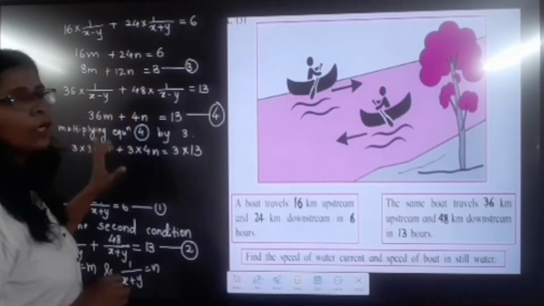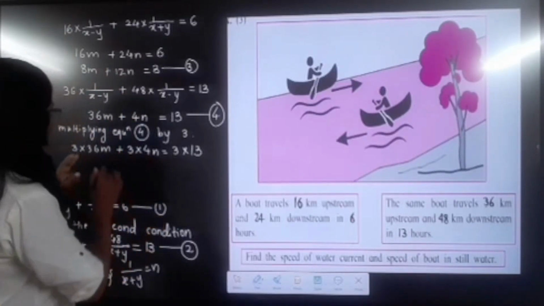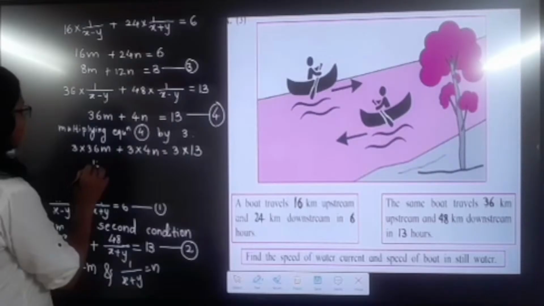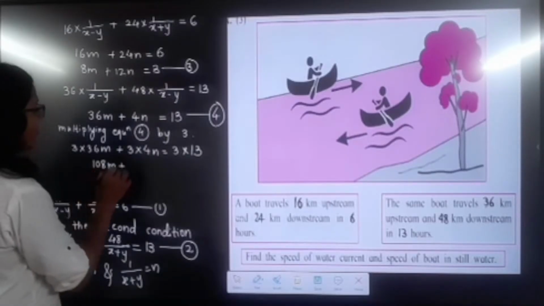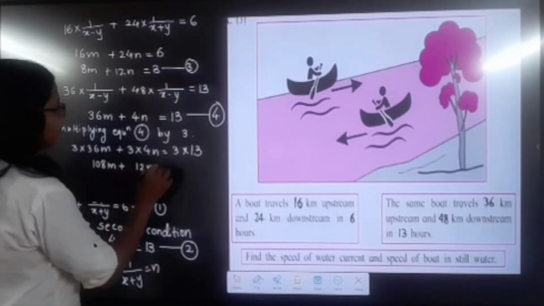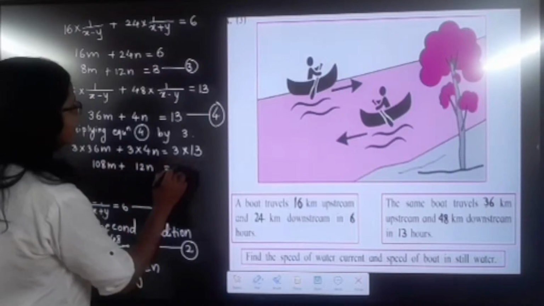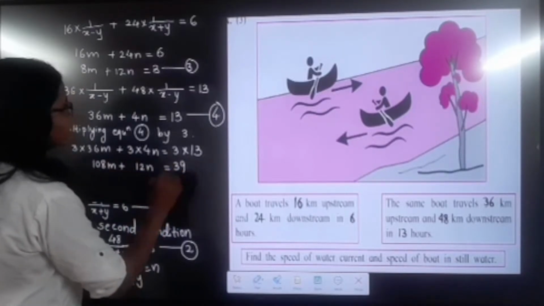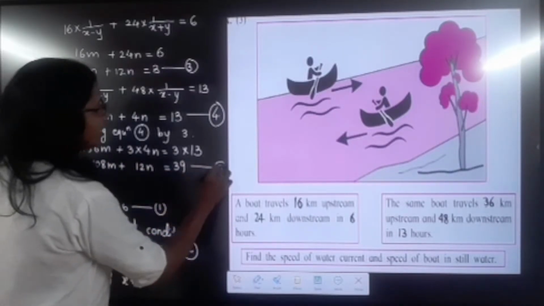Here, students, 24m plus 36n is equal to 9, and call it the fifth equation.